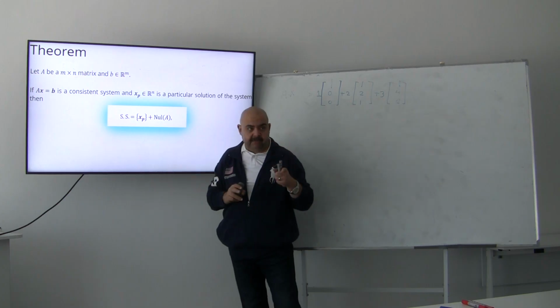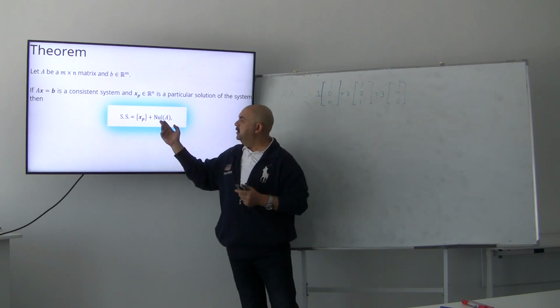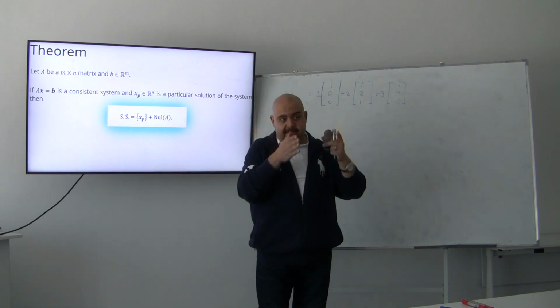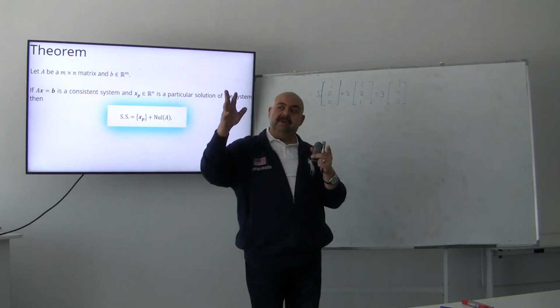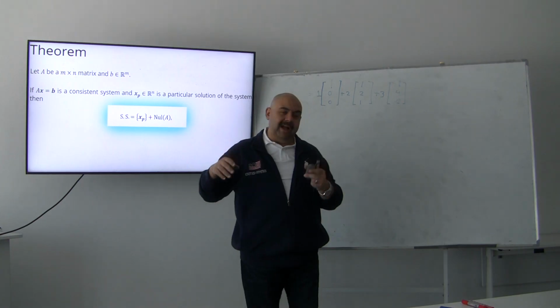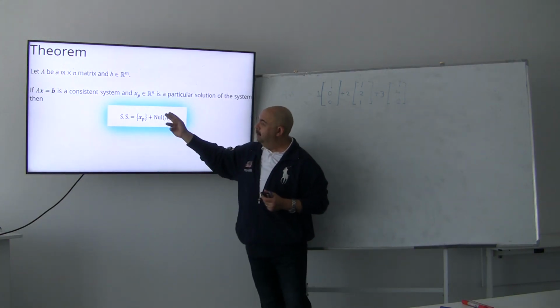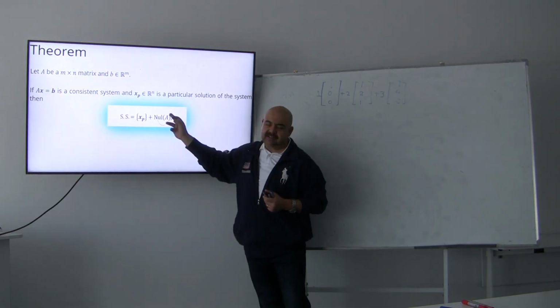If you have an infinite number of solutions, then the null of A will appear to you. You usually will have some numbers plus some relation between the variables. And this is what we had in the last problems by getting the solution of the AX system.